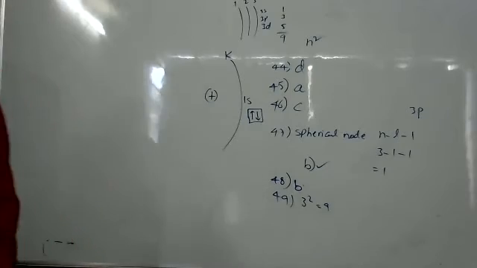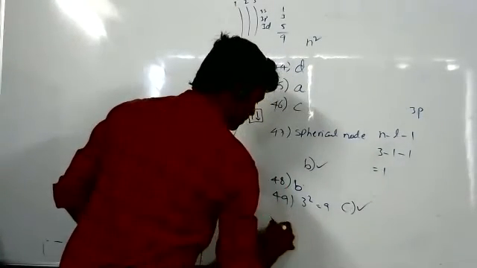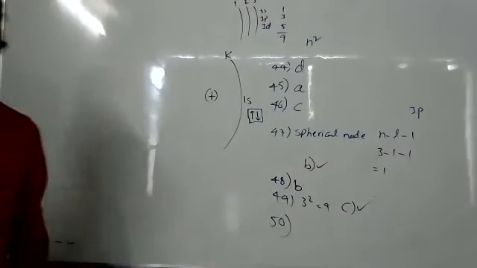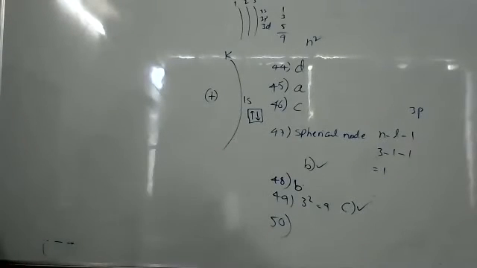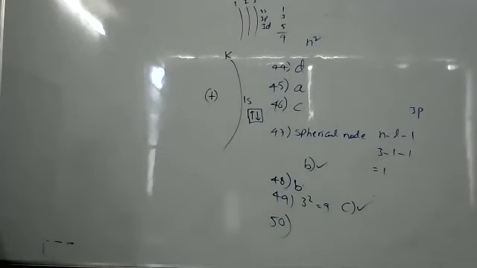Next question number 50. Mega. Read question number 50. Number of angular nodes in a 4d orbital is?